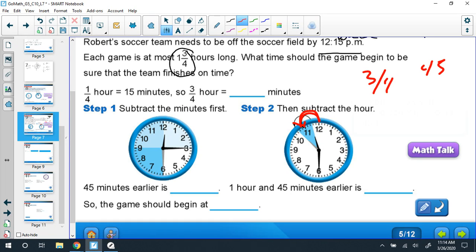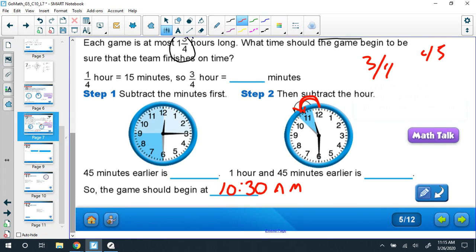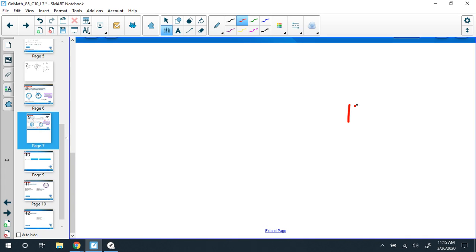So if they want to be off of the field by the appropriate time, then they need to start at 10:30 a.m. Just to go through that one more time really quickly, if we finish at 12:15 and we count back 1 hour, it is 11:15, and then we're just going to do 15-minute increments.